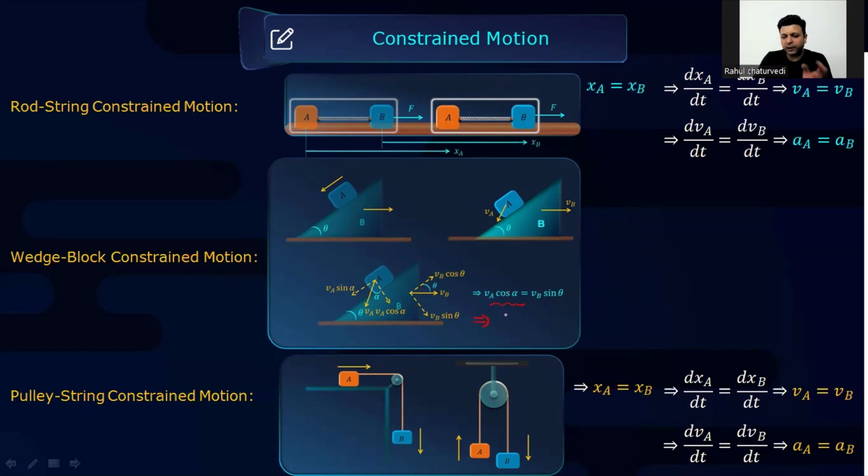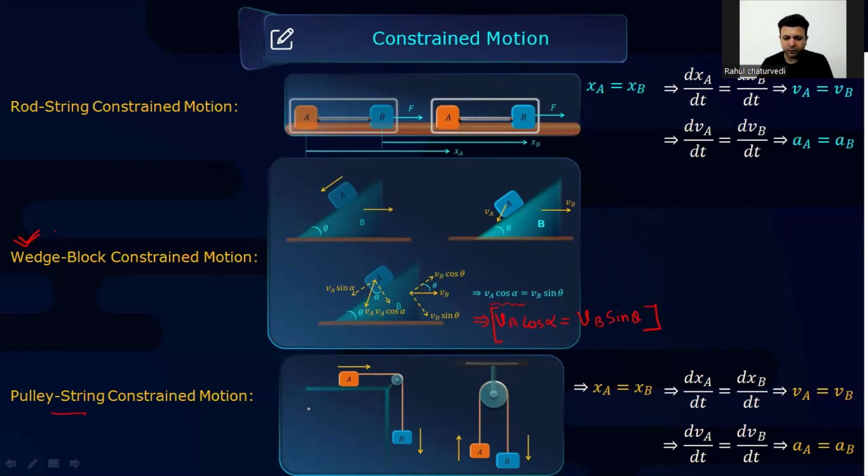So velocity perpendicular to the inclined plane, VA cos alpha, will be equal to VB sin theta. In this way, you can relate the velocity of block A and the velocity of block B, right?